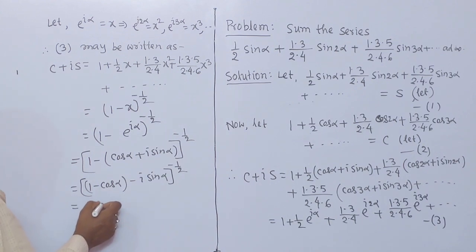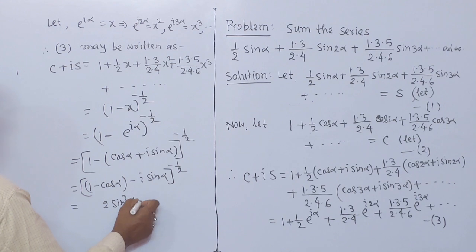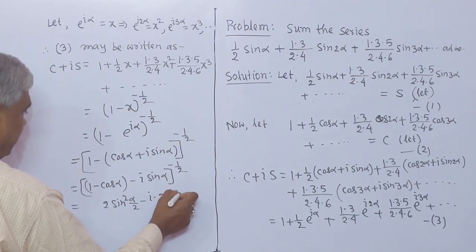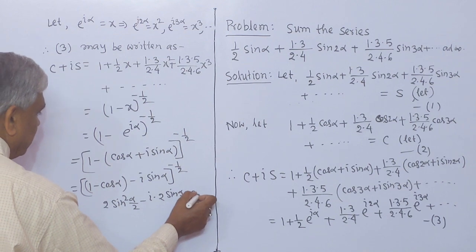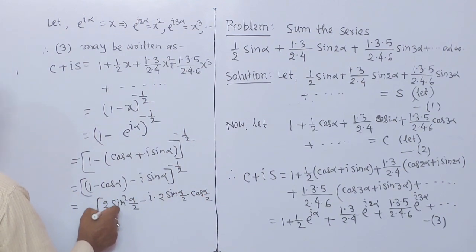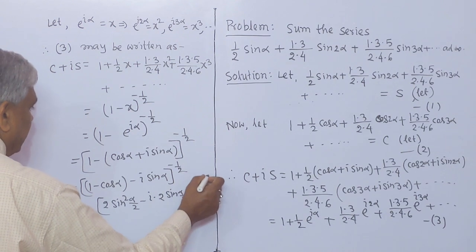This is equal to (2 sin square alpha by 2 minus i multiply 2 sin alpha by 2 multiply cos alpha by 2) to the power minus half.